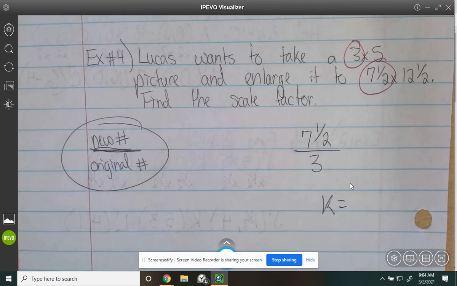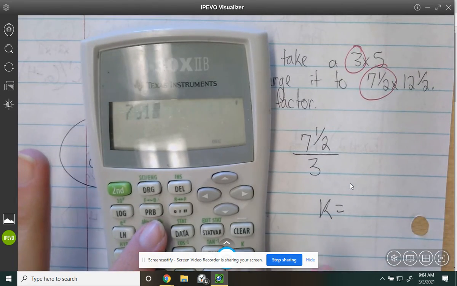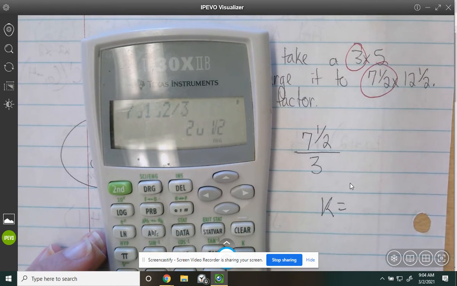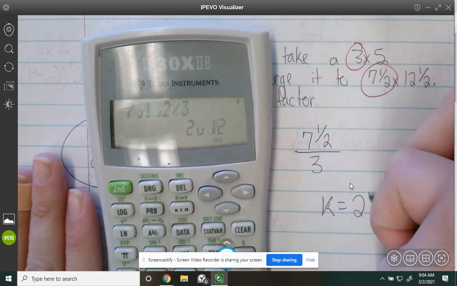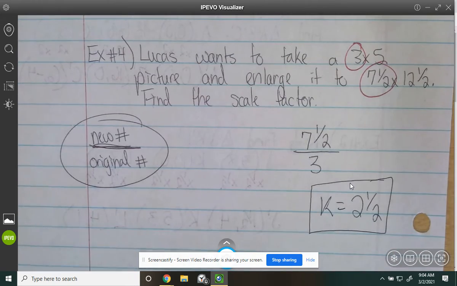So then get your calculator. I'm going to do 7.5 divided by 3, and I get 2.5. So my scale factor is 2.5. I enlarged it by 2.5 inches, units, whatever it is. Okay, that is it.